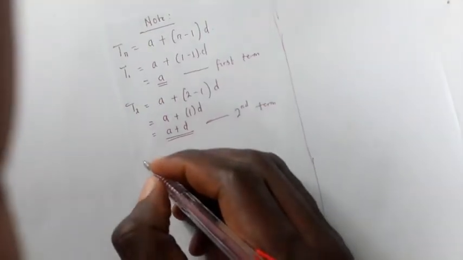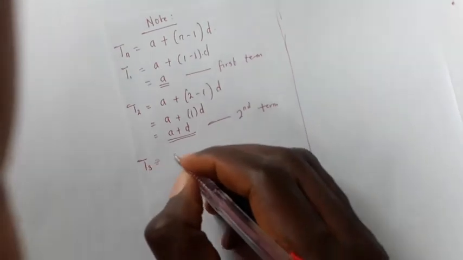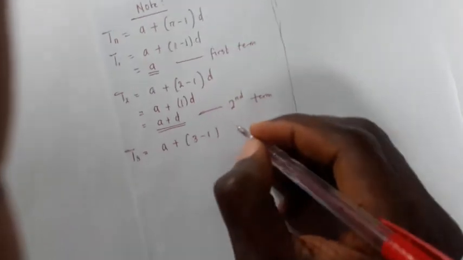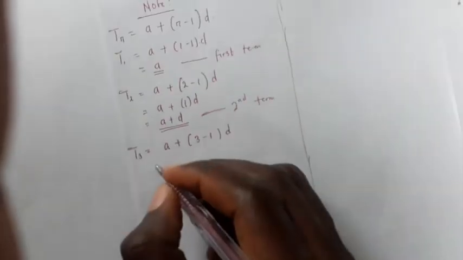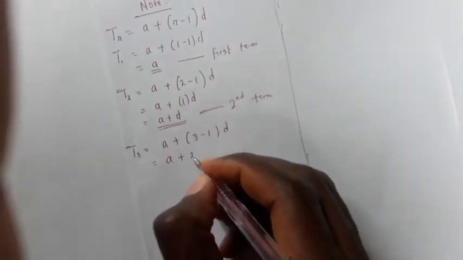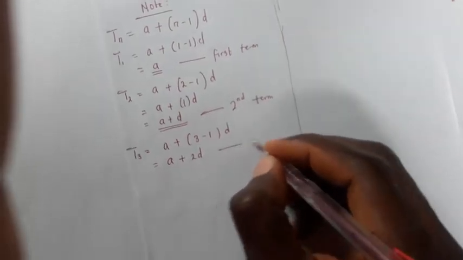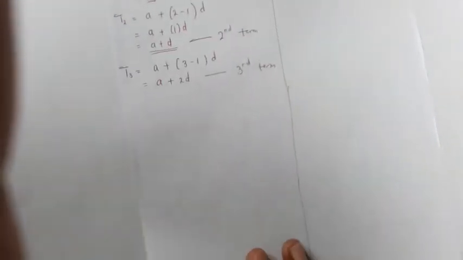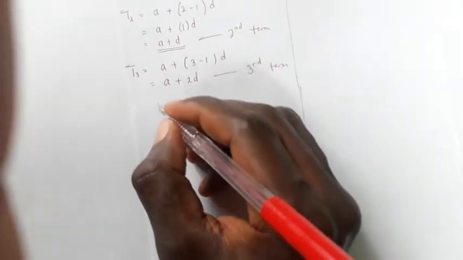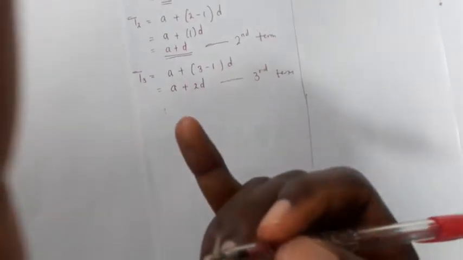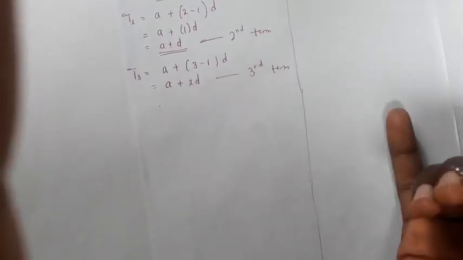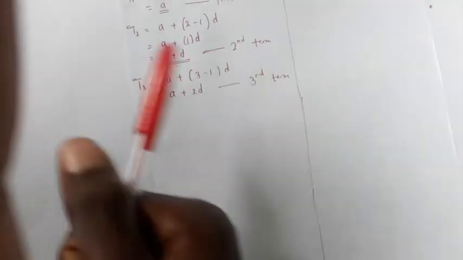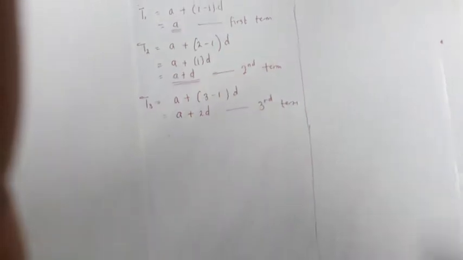The third term equals A plus (3 minus 1) D, which is A plus 2D. This is the third term. The fourth term will be A plus 3D, and so on and so forth, whereas the nth term is A plus (n minus 1) D.